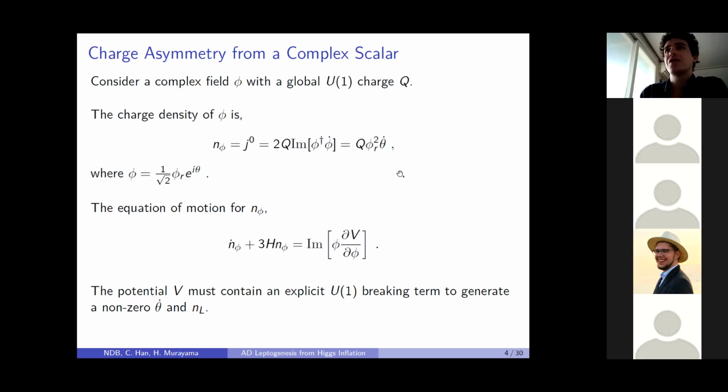So in order to generate some charge density, you require this. So this complex scalar field requires some breaking term. This is the main components of this mechanism, and this is embedded typically into inflation.